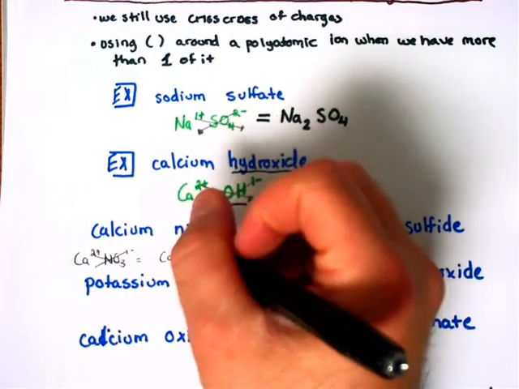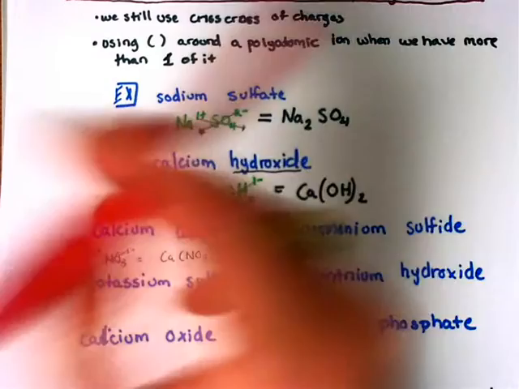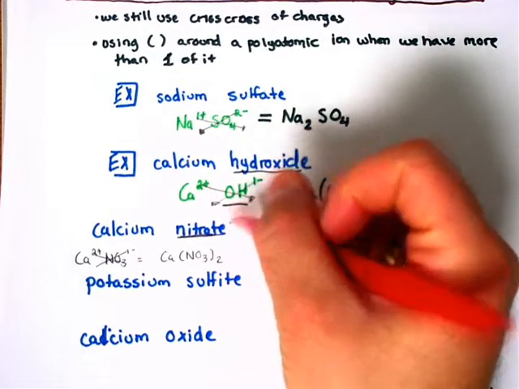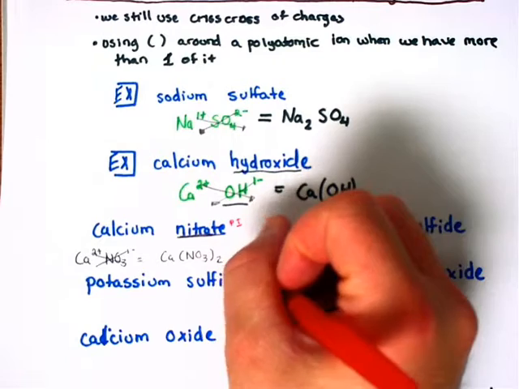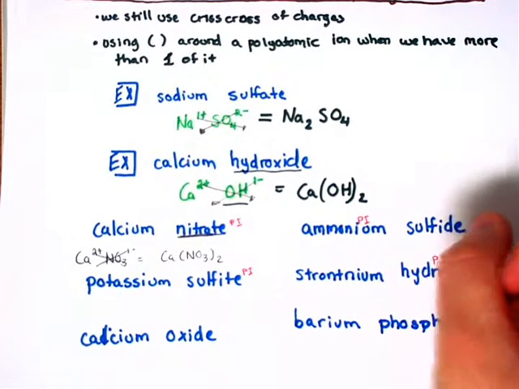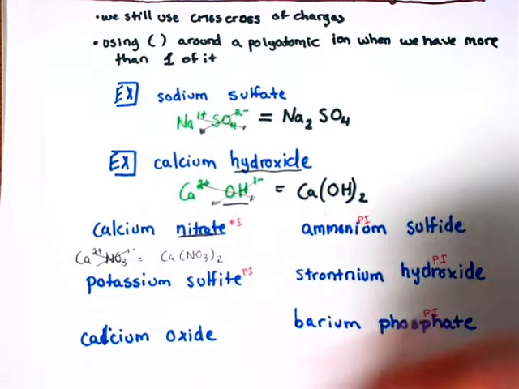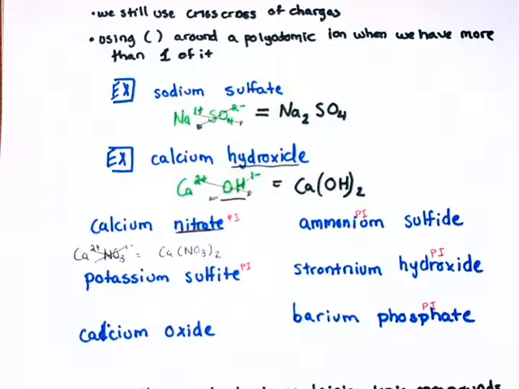You have more than one of a polyatomic. It might help if you're starting out with this, if you maybe underline or do some kind of labeling system so that you can identify that this is a polyatomic ion. So is this guy. Here's a polyatomic ion right there, and right there. Maybe some kind of system so that you can identify your polyatomic ions in a fairly quick fashion.